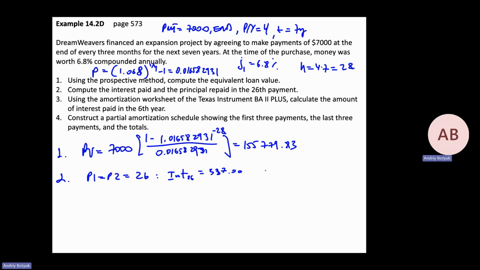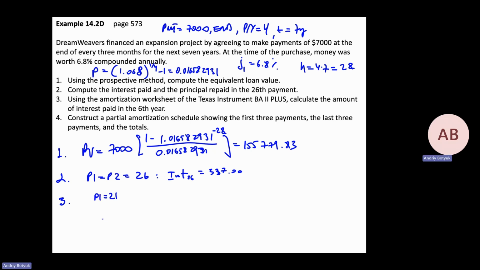Using the amortization worksheet, calculate the amount of interest paid in the 6th year. So 6th year, how many times a year do we pay? 4, right? It means in the first 5 years, how many payments were paid? 20. So year number 6, we start with payment number 21, right? So P1 is 21.